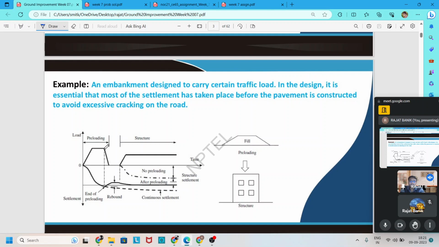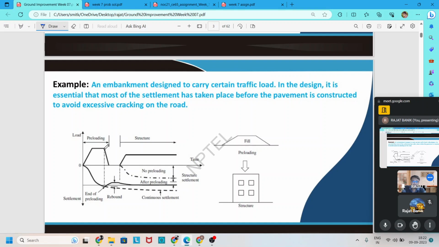And always remember the preload should be greater than the structural load which is going to be built on this soil. Due to this preload, excess pore pressure is generated, consolidation happens and settlement takes place. Due to this settlement, the ground is stabilized or improved.